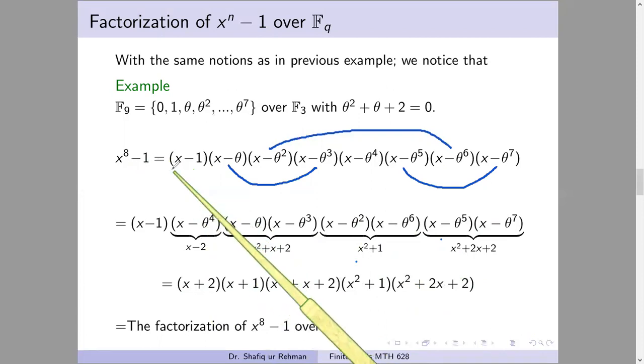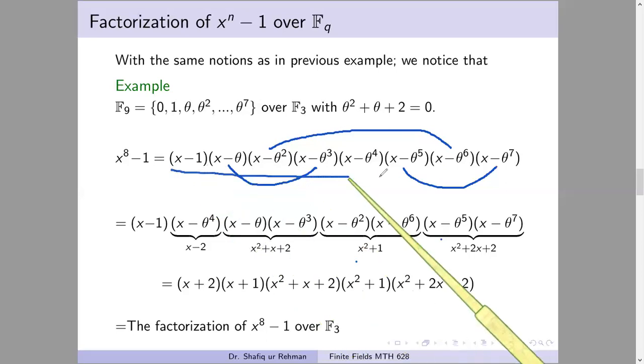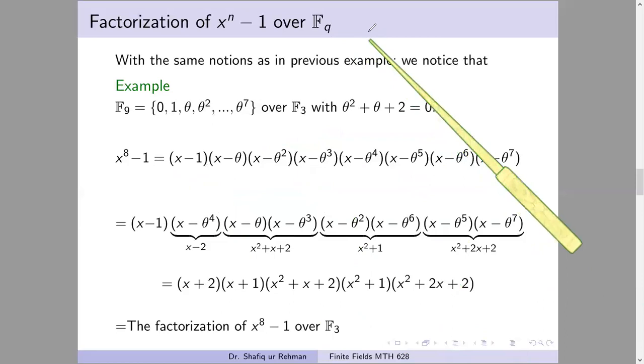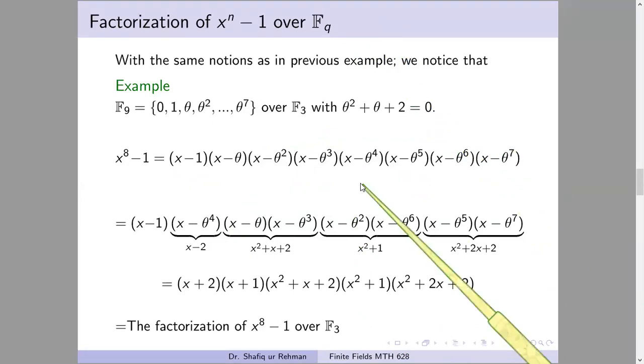Notice that in the starting step, we wrote this as also a factorization of this polynomial, but these linear factors are not over the field F3, because we need all the factors over the field F3, with coefficients in F3, not outside of F3.